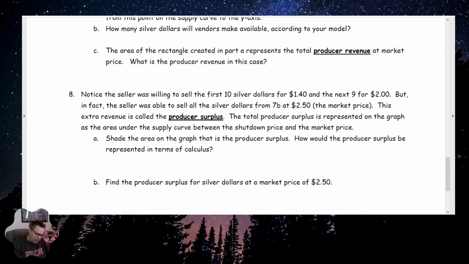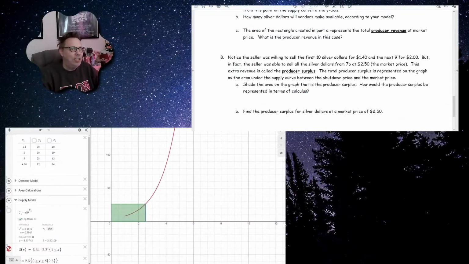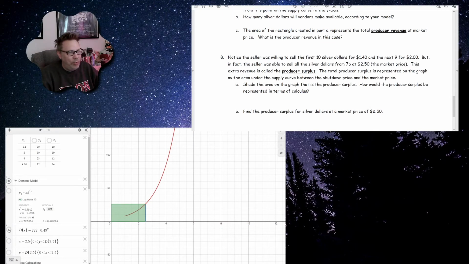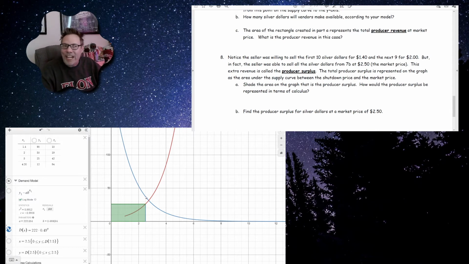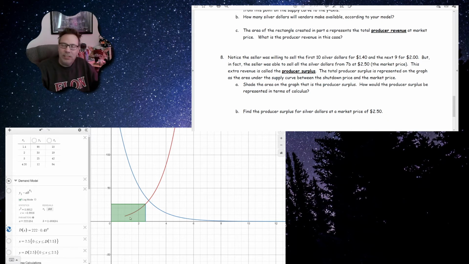If I go back to Desmos and show the demand model, at $2.50 the demand is greater than the supply. So this can actually happen. There is less in the supply chain than there is demand, so the seller can sell everything they want. That's why we call this the supplier or producer revenue.